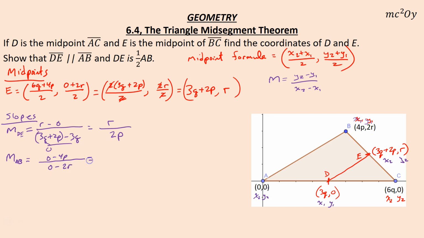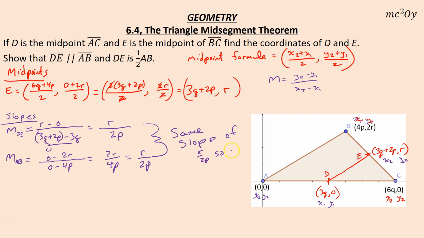Now notice I'm just going through the process here, except I put them in the wrong locations. 2r's on top because that's our y, and it's y over x. Okay, so don't make that mistake. I get negative divided by negative, which is positive, so I get 2r over 4p. Well, you can reduce 2/4 to 1/2, so that's 1r over 2p. Hey, same slope of r over 2p.